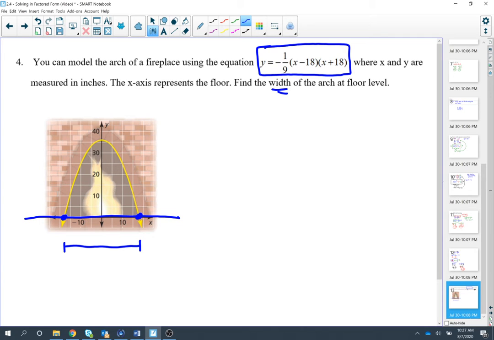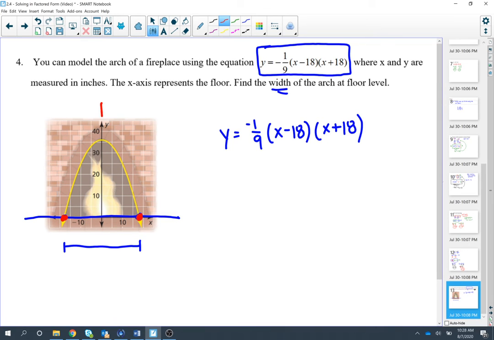I have my equation. y equals -1/9 times (x minus 18) times (x plus 18). And I want to know the width of the arch at floor level. Meaning, if I'm down here on the floor, what is the y value at both of those points?